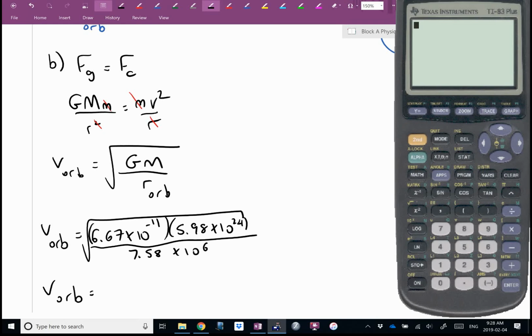There's G, there's the mass of the Earth. I typed this a few minutes ago. All I need to change is this number here. And yes, I'm that lazy. It's less typing. You get 7250?